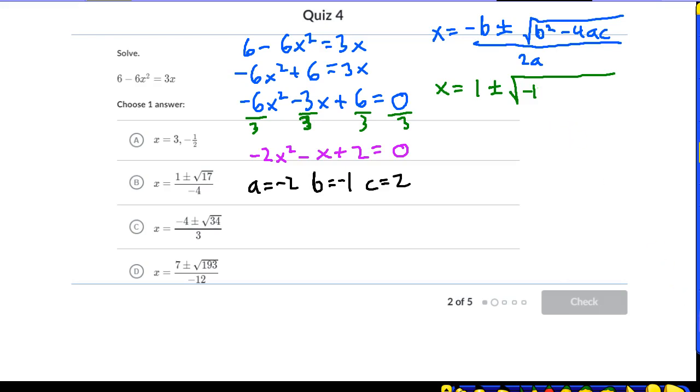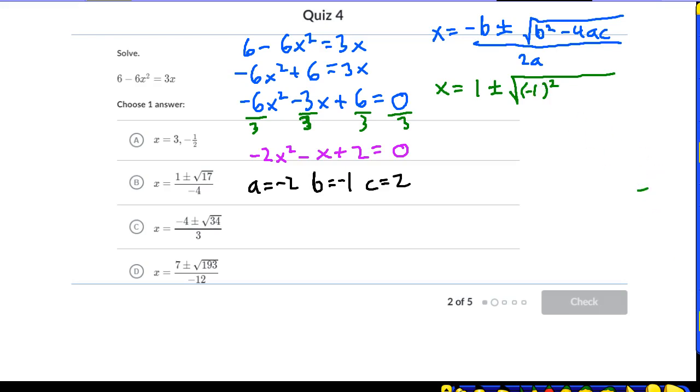Let's take a look and see what we are supposed to do. What we're supposed to do is say b squared is something in parentheses squared, and in this case it's negative 1. Now if you enter parentheses negative 1 parentheses squared in your calculator, you will get the correct result, positive 1. If you enter negative 1 squared into your calculator, it will give you a negative 1, and that is not the desired result here.